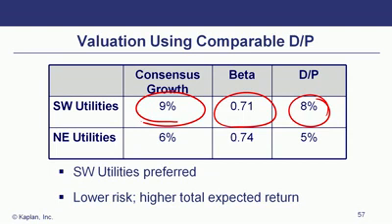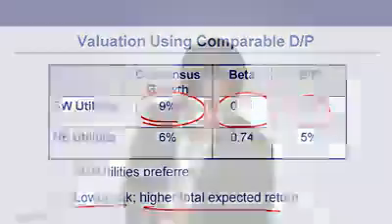SW Utilities is definitely preferred. It's a lower risk, it's a higher total expected return, and it's beating NE Utilities in all aspects. It's essentially, in terms of how Charlie Sheen would say it, winning. So this one is definitely the more preferred one, given that it has a higher dividend yield, a lower beta, and the growth rate is much, much higher.